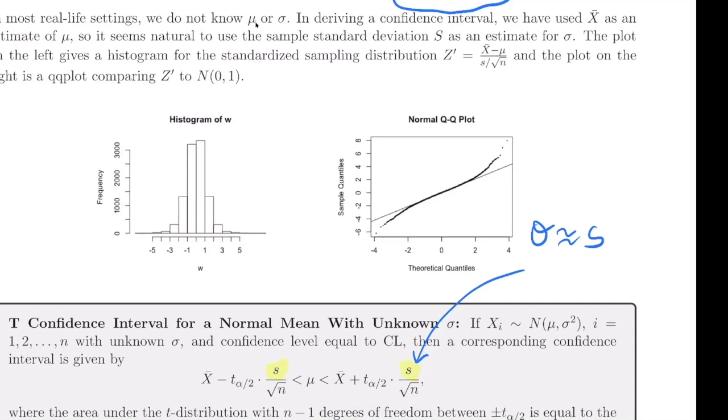It is symmetric and it is bell-shaped. It is almost normal, but the distribution actually has more stuff in the tails. So it's a little bit fatter in the tails. And this is what's called a t distribution.